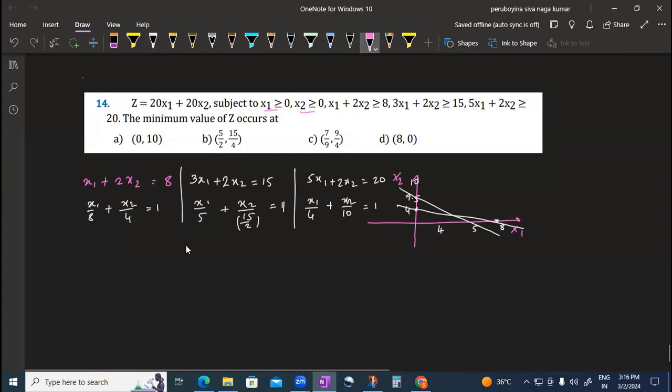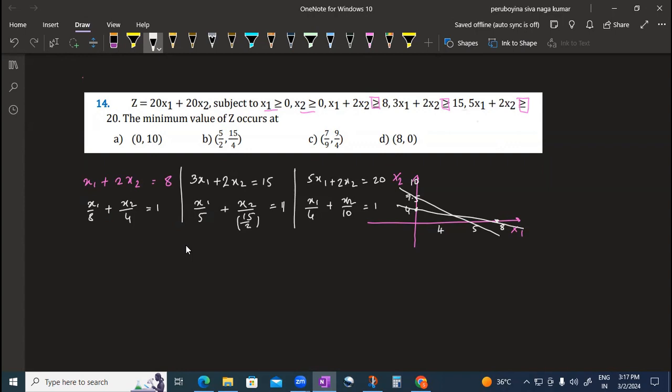If you observe the constraints, the inequalities are greater than. Greater than means the upside or top side, so the shading portion will be upside.